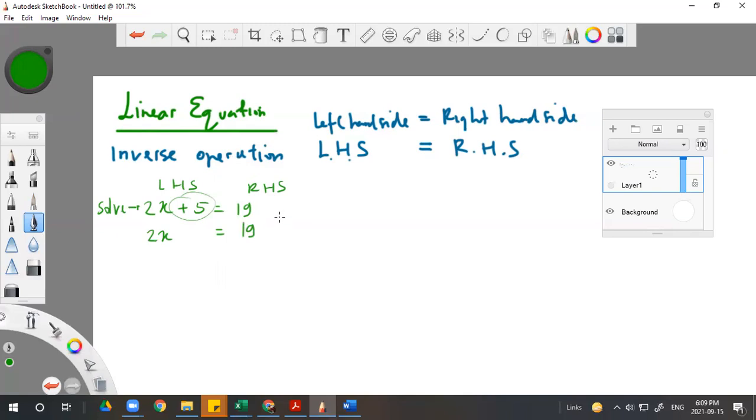That's how you think of what an inverse operation is. Minus 5, right? Because plus becomes minus, minus becomes plus, multiply becomes division, division becomes multiplication. So 2x equals 14, and x equals, again with the inverse operation, 14 divided by 2, right? So the value of x is 7. That's how you solve this simple equation in a longer way but more understandable.